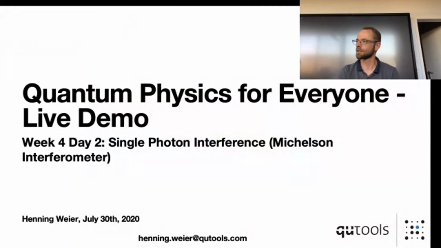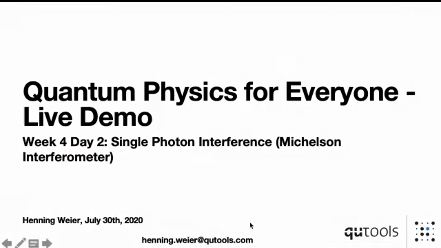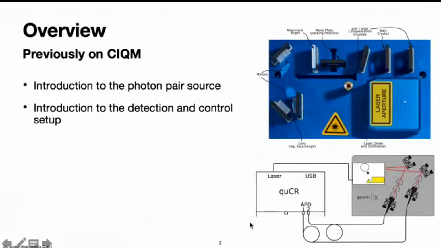So let's go over to some slides, and I will start with a little bit of a history maybe, and let's get these slides bigger. Right. Thank you. So yeah, in our first session we've looked at the photon pair source that we have, and see what we can do with it.